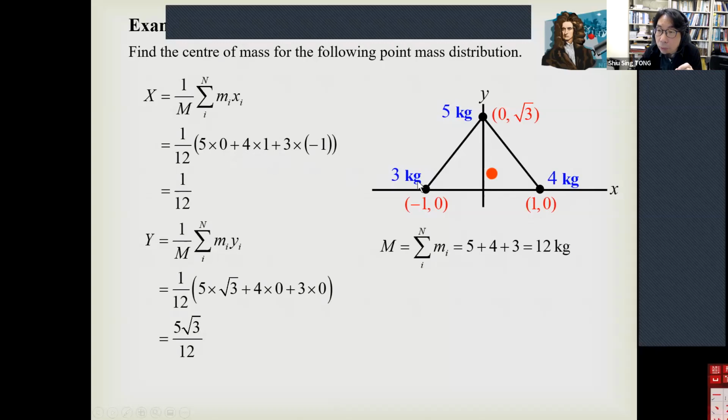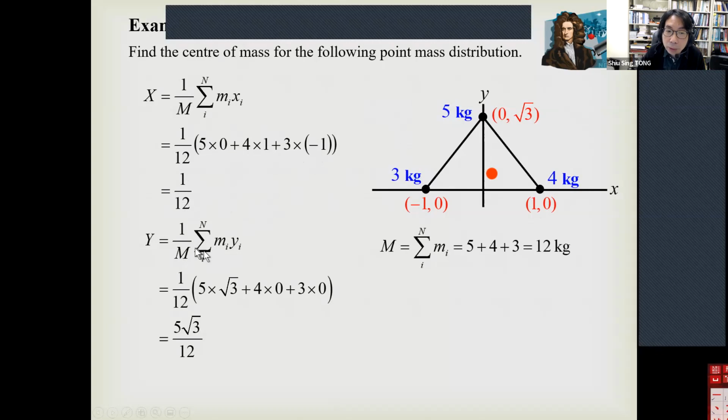And for the 3 kilogram, you have x coordinate equal to -1, so you have 3 times -1. And you add them up together, divided by the total mass, which is 5 plus 3 plus 4, and that is 12. Okay, so eventually after doing the calculation, you find the x coordinate to be 1/12.